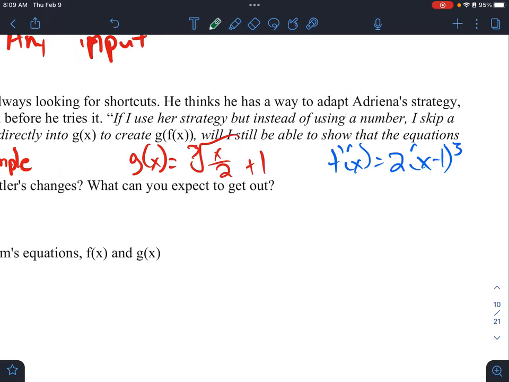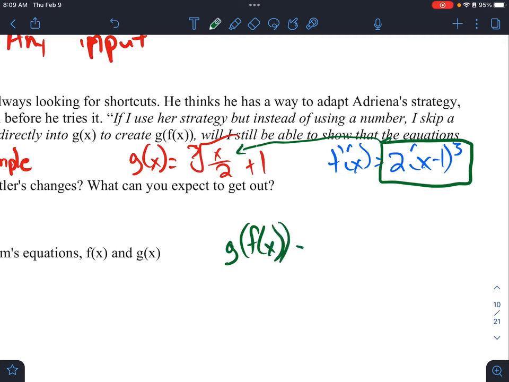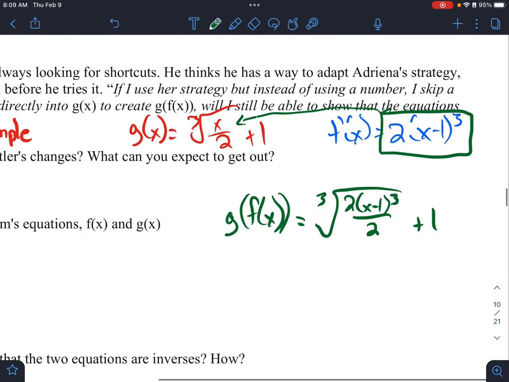So I'm going g of f of x, or I am taking this and I am putting that in for x, okay? So I have the cubed root, or g of f of x, is I have the cubed root of 2 over x minus 1 cubed over 2 plus 1, okay? Now, we have to clean this up a little bit and this tests some of our skills.